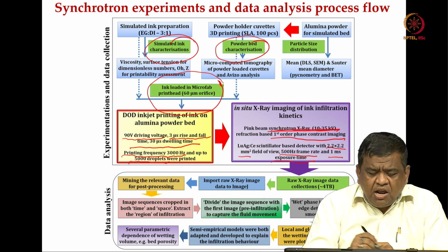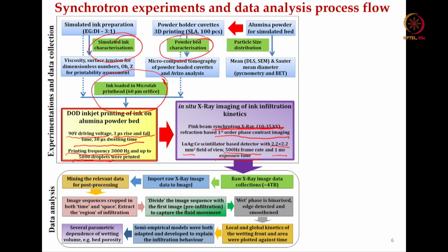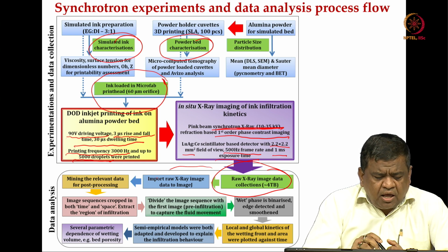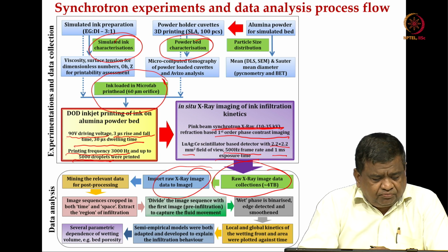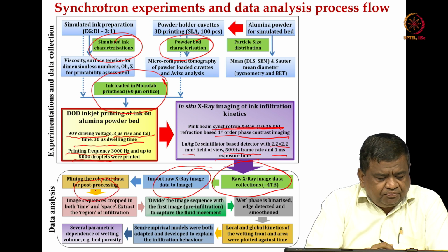So, this is the entire workflow which was used in the data analysis. What you see is this X-ray image data, which is 4 terabytes. So, 4 terabytes is a very large amount of data. Then you import the X-ray image data to ImageJ, mining the relevant data for post processing.